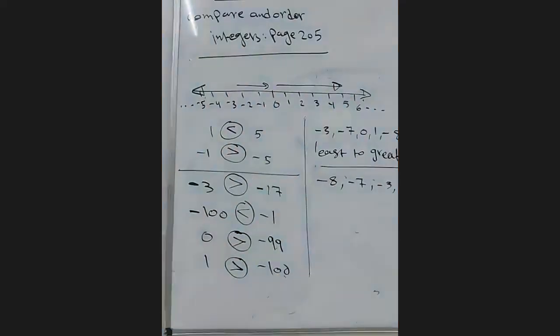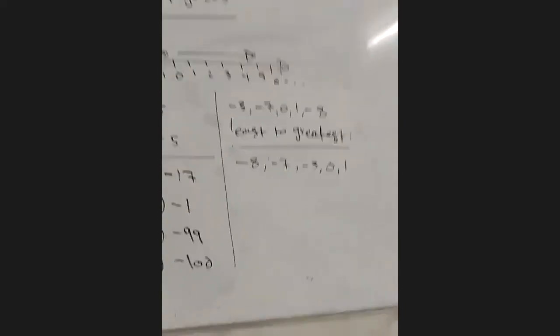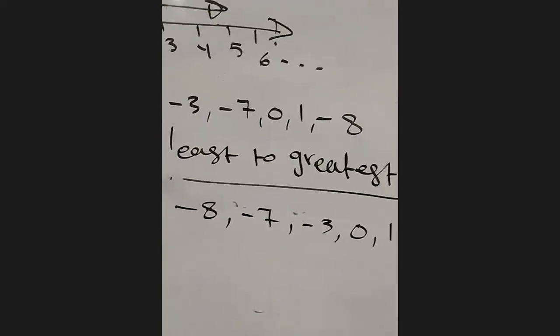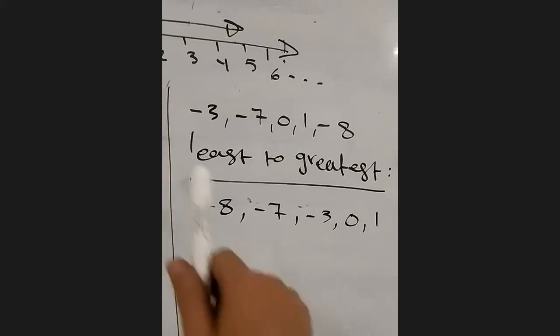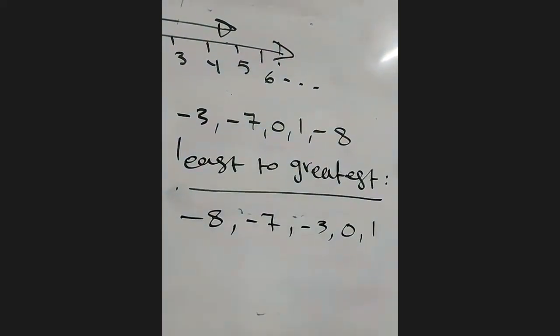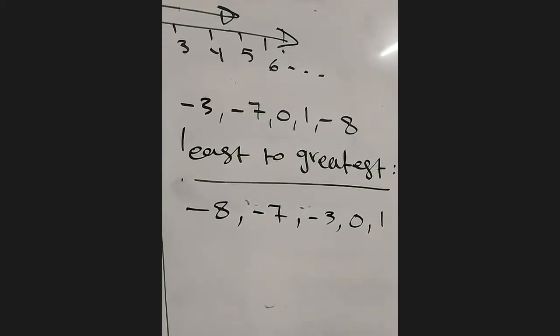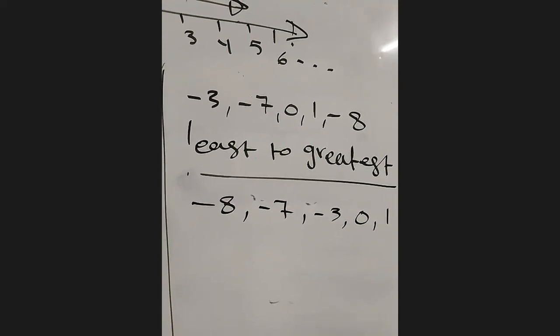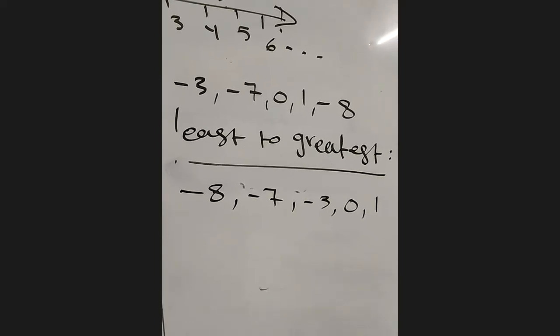Ammar. Can you repeat the greatest to least? Which one is the greatest number, the least number here? Yes, Ammar? Here, 8. Not 8. There is no 8 here. There is no 8 and there is no 3 here.